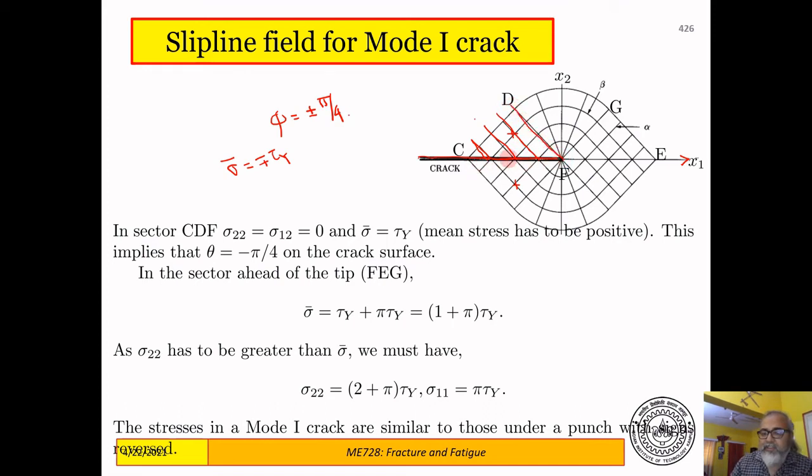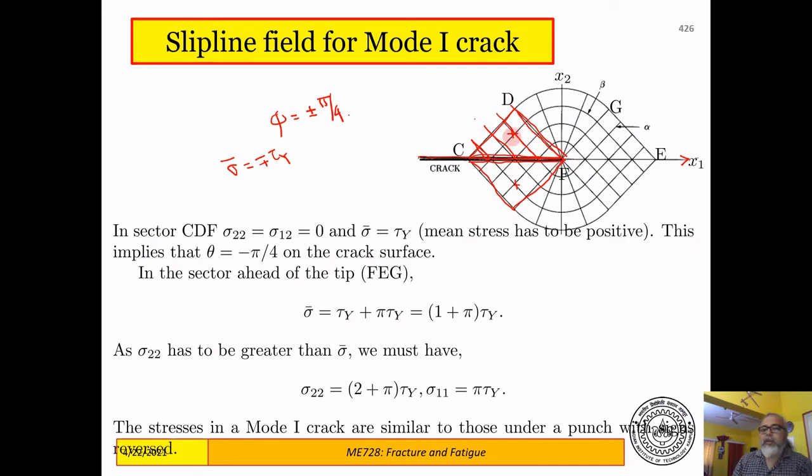the crack face in this region, which is going to be a rigid region. This region is the rigid region where the hydrostatic stresses are constant, and because it's a mode 1 problem, it's symmetric, so we'll have a rigid region here as well.